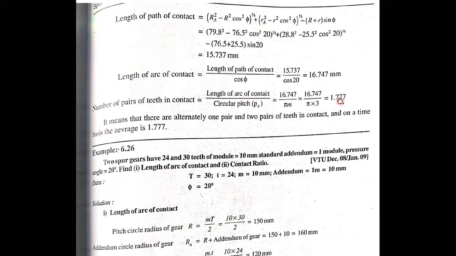Therefore 1.77 means approximately 2 pairs of teeth will be in contact for the given values. Two pairs of the teeth will be in contact, 2 teeth from the gear side and 2 teeth from the pinion side. So that's all about that problem.